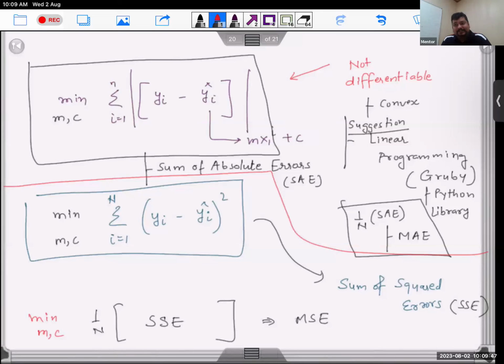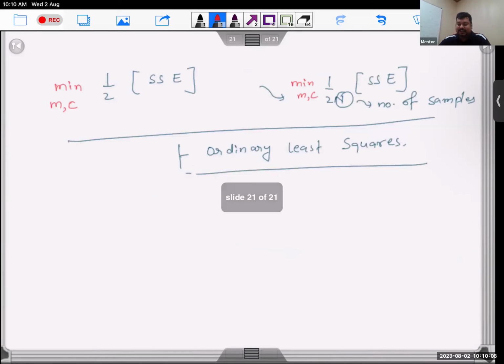What is the first constant in sum of squared errors? 1. What is the value of C? I can write it as 1 by 1, right? What is the value of C in mean squared error? N. N is a positive number, right? Here, C is 2. Here, C is 2n. So do you think m and c change if I use any of these functions?